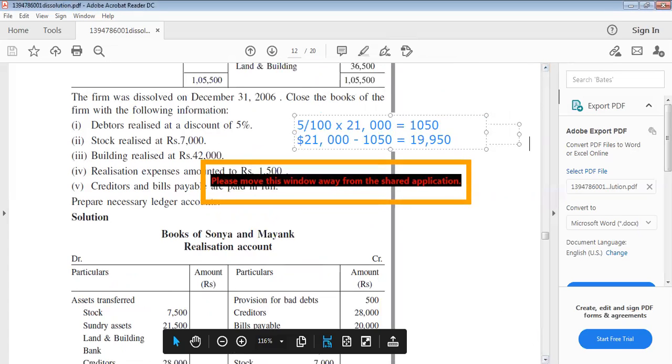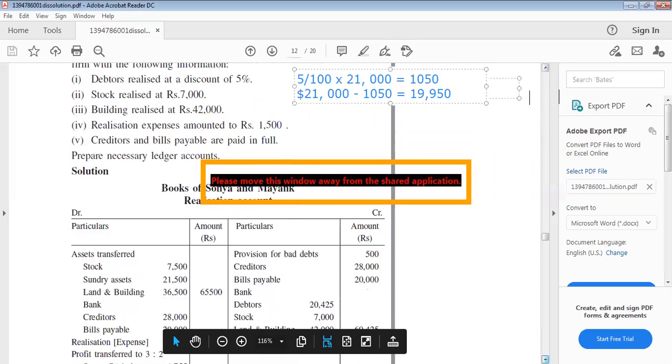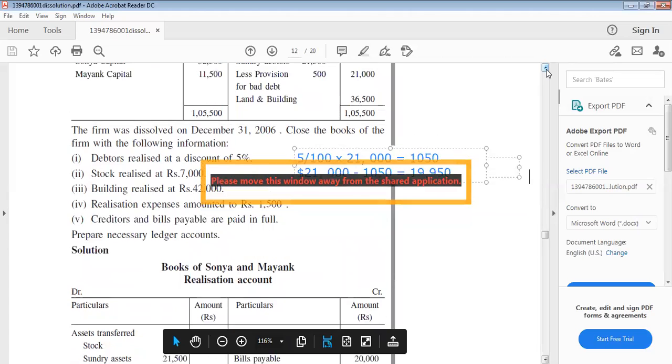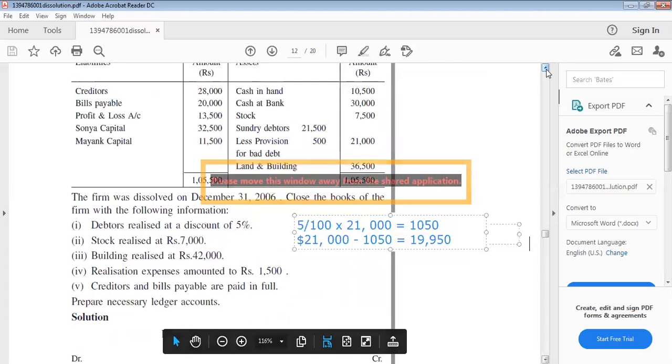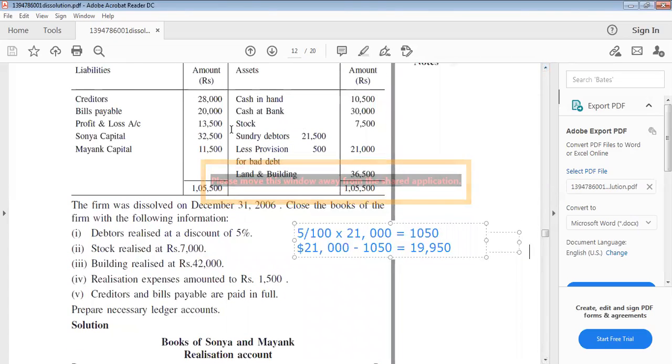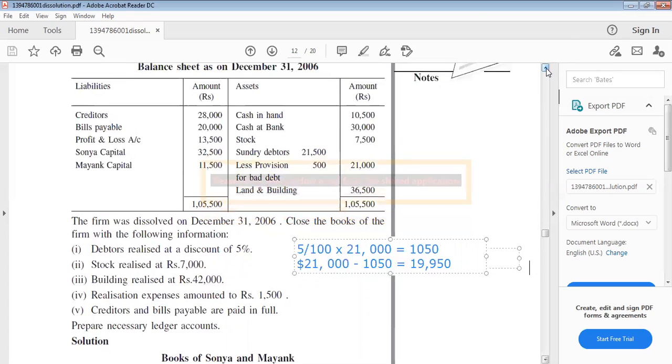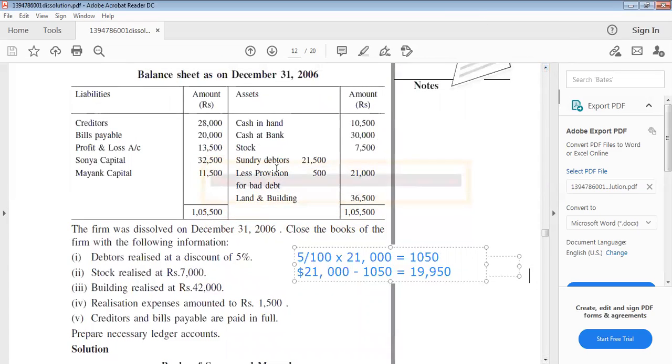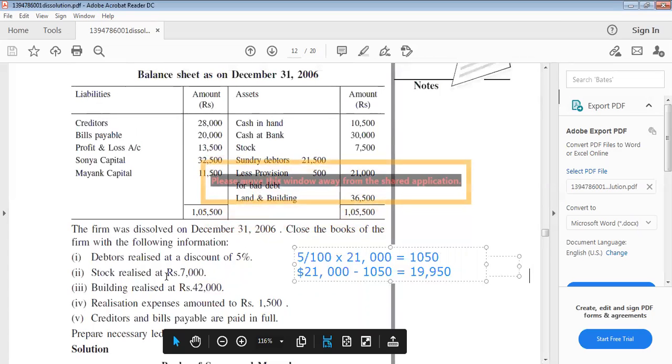All right, so first thing you do is you open a realization account. The assets to be transferred are stock, sundry debtors, and building.